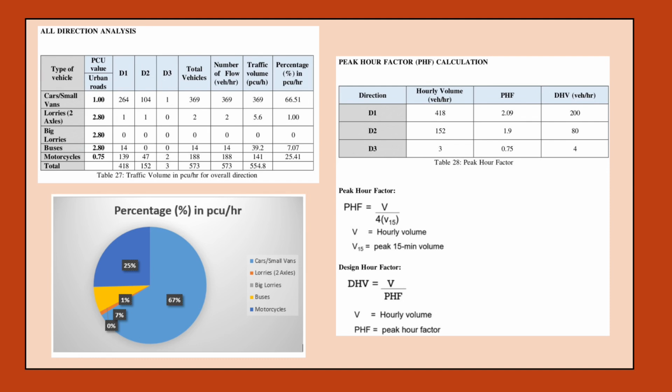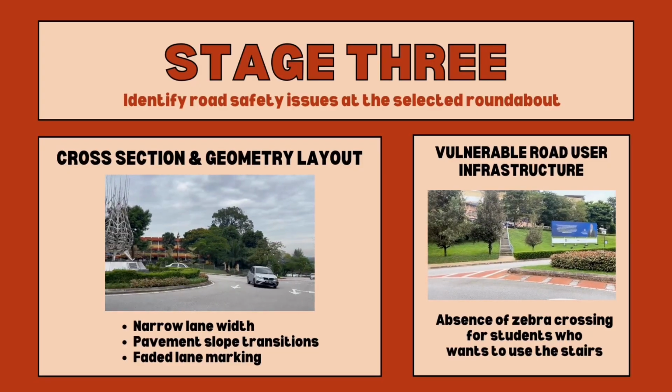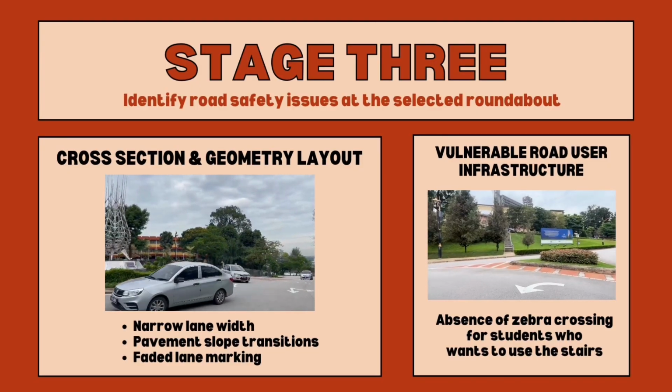The design hour volume for direction 1 is equal to 200, direction 2 is 80, and direction 3 is 4. Average daily traffic of night is equal to 30,752 vehicles per day. And lastly, direction 1 has the highest value for the volume trend, also followed by direction 2 and then direction 3.